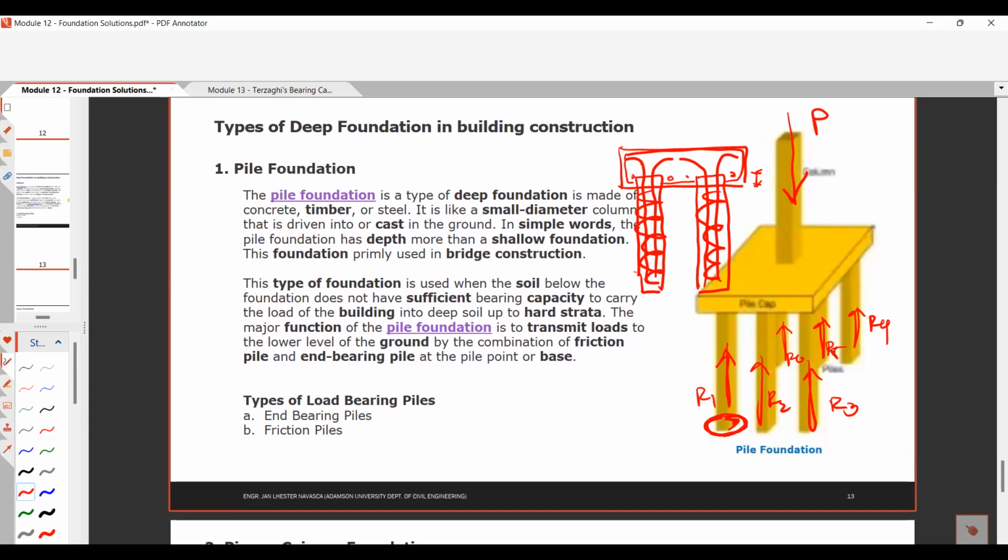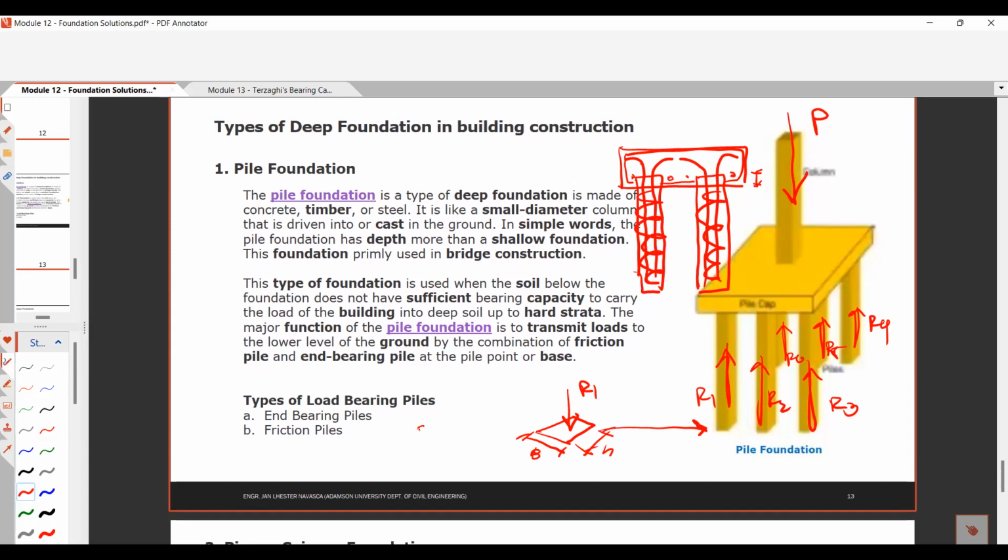Okay, so summation, so di ba, let's say your force P, should you have your R1 over here. Okay, may R1 ka dito. So ito yung end bearing. So you have your R1. Okay, just like this one. So ito yung area of, let's say this one is your B and H of your foundation of your piles.